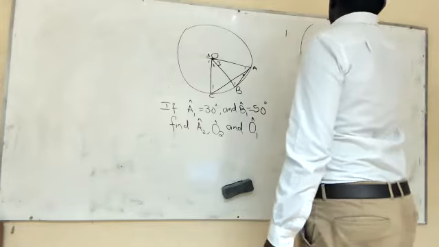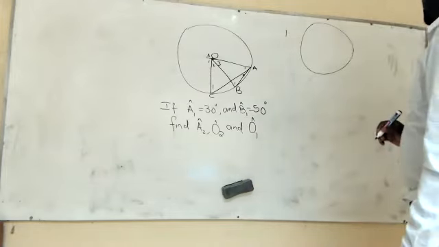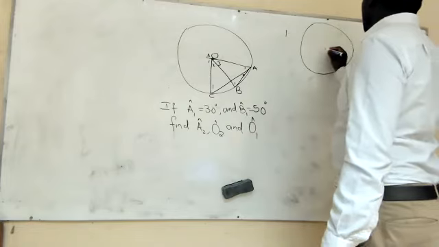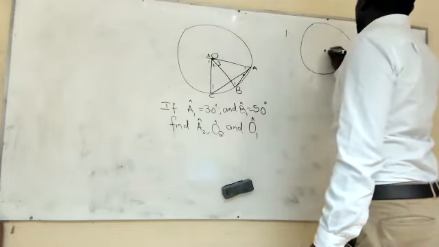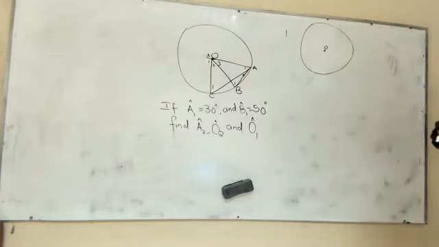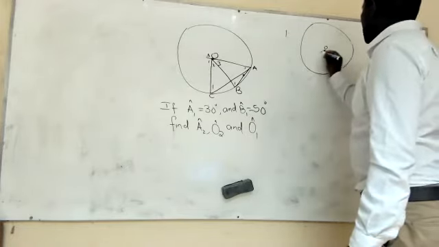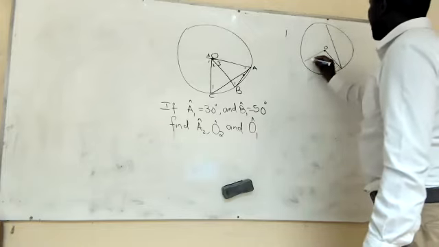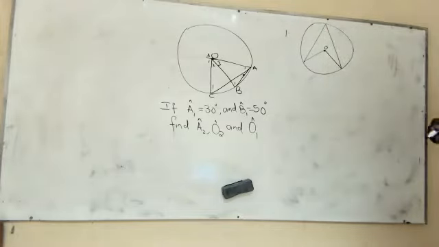We are given a circle, and inside this circle we have the center, which is center O. Now, with center O, we can construct a triangle like this.